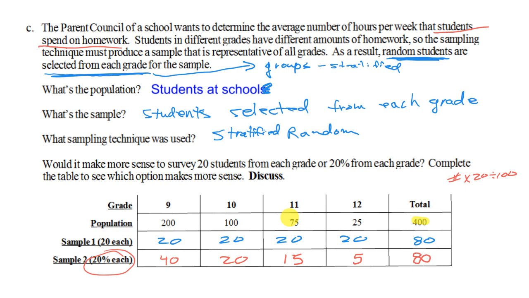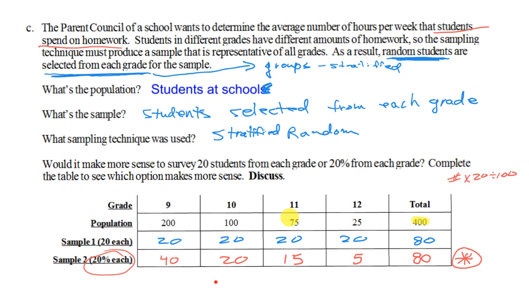I'm going to tell you right away that the option that makes more sense is this one. Because if you think about it, the most people in our population are grade 9s. So you kind of want to make sure that more of the random people that you're picking are coming from your grade 9 set.